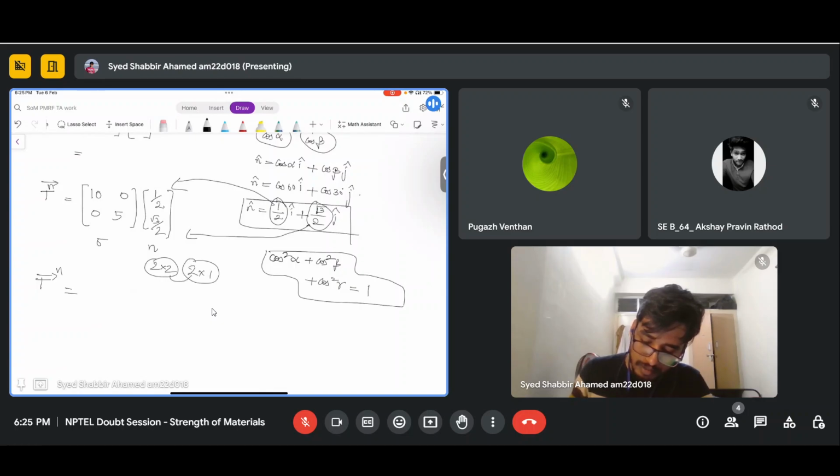I'll get a 2 by 1 vector. If I multiply both these things, whatever we get is 5 and 5 root 3 by 2. So this is the stress vector.